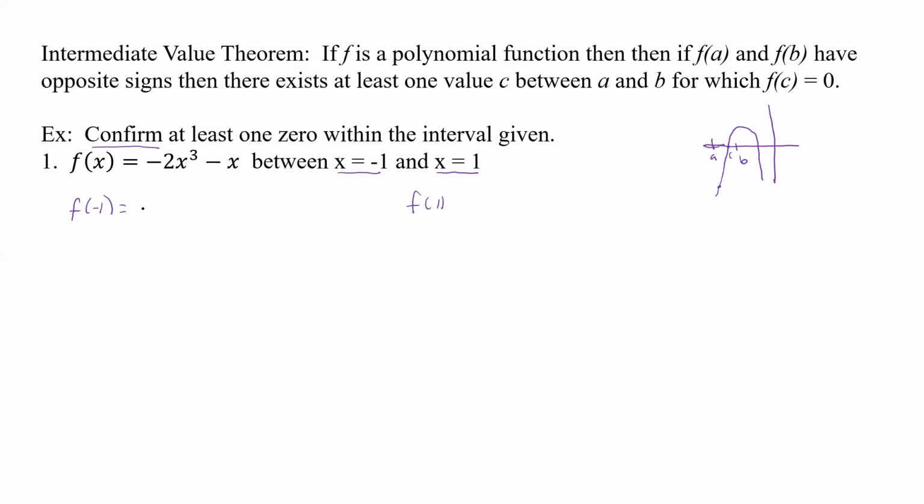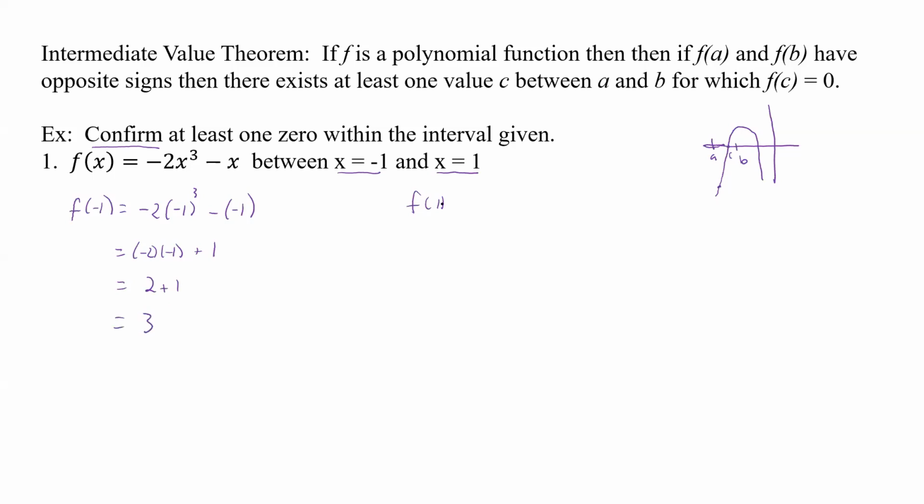So if I plug in a -1 here, I have -2 times -1 cubed minus a -1. So -1 to the third is -1, times -2, so I have -2 times -1, and then minus a -1, so that's +1. Negative times a negative is positive, so 2 plus 1, that's 3. So that's positive.